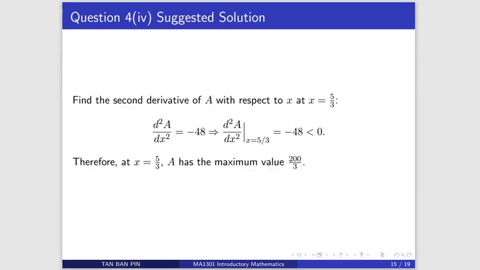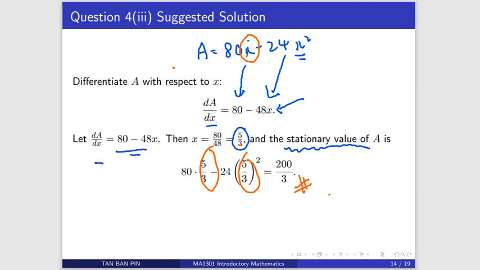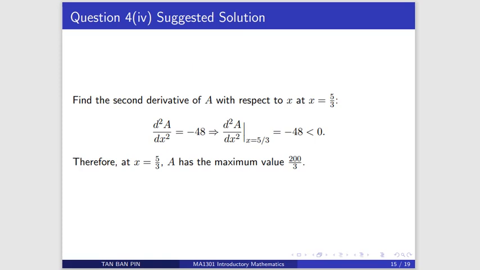And then you work out the second derivative. If you differentiate, d2A/dx squared will be minus 48. Differentiating 80 gives you 0, and differentiating minus 48x gives you minus 48. So the second derivative is negative, minus 48, when x is 5/3.